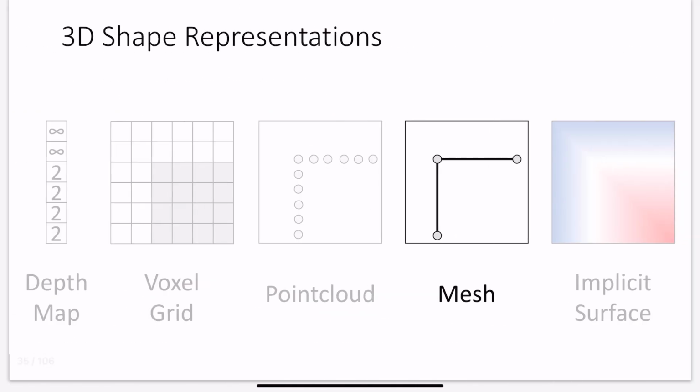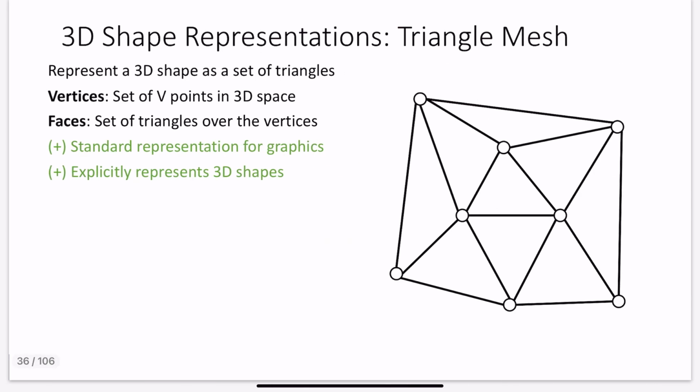This is the chamfer distance. Then another representation is the mesh representation, the triangle mesh. It represents the 3D shape as a set of triangles, not just a set of points. It consists of the vertices, a set of V points in 3D like this, this, and this.